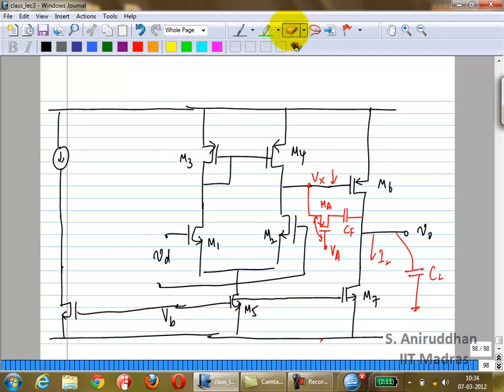So this is your basic current mirror with some IREF.